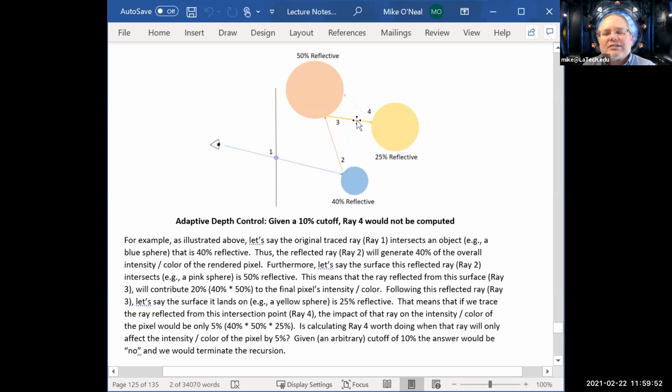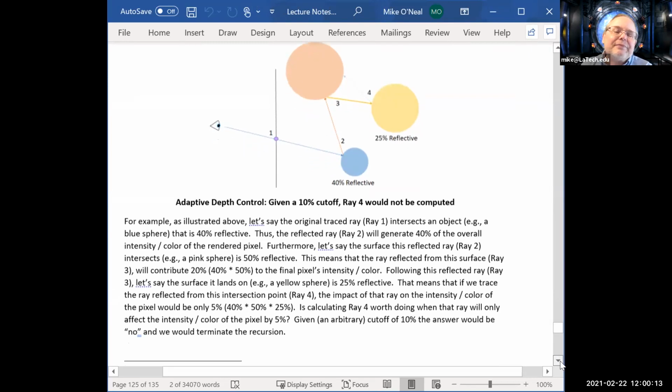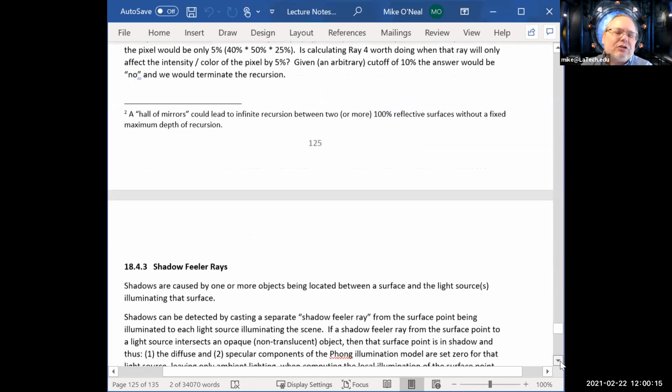It's just not worth the cycles to do that. I can live with the fact that this pixel might be 10% off in its color rather than do the calculation, the intersection, and all of the, because remember, you have to do Phong illumination models at each of these intersection points. That gives you the local color. Okay, so that's just adaptive depth control.